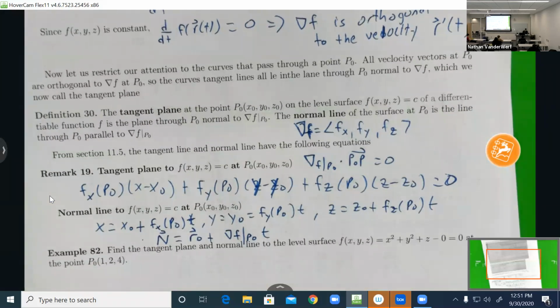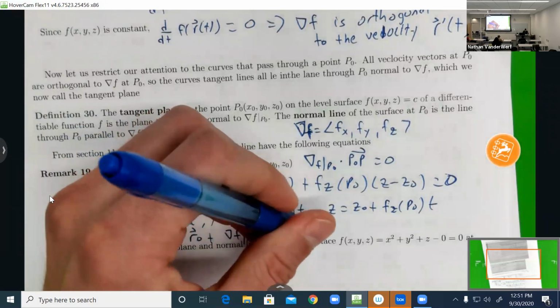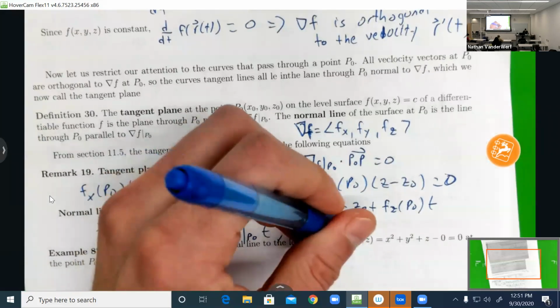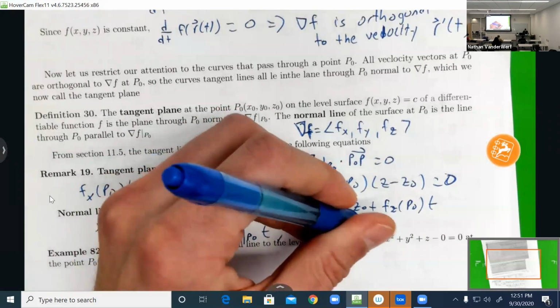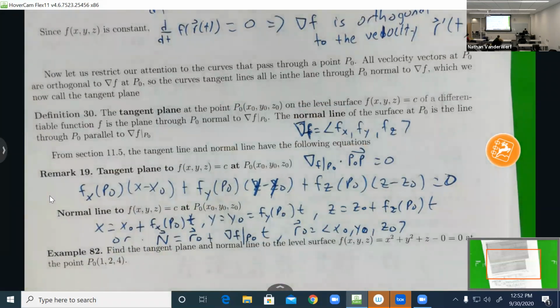This is vector notation, where R0 is x0, y0, z0.